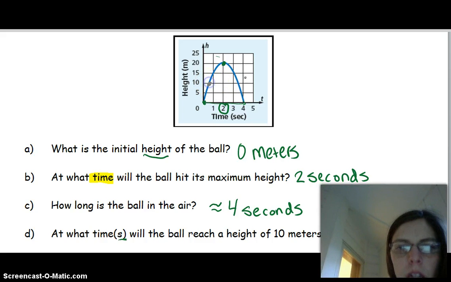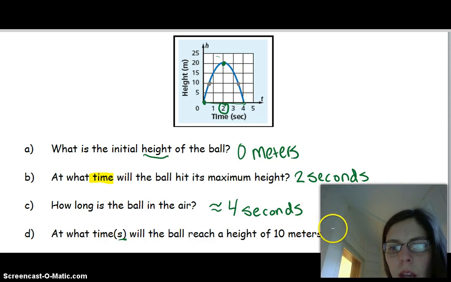Right here it hits 10 meters, and again right here it hits 10 meters. So I would say between 0 and 1 second, and between 3 and 4 seconds.